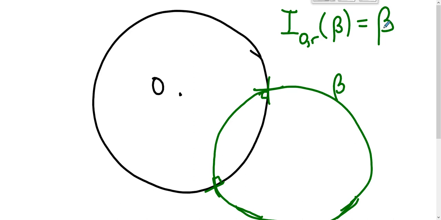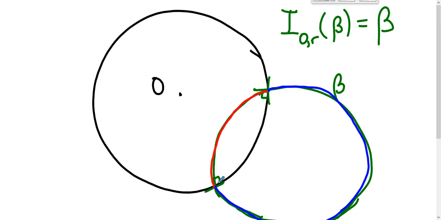And you can prove this. I'd encourage you to do it. But all of these points have images that are out here and vice versa. The red arc becomes the blue arc becomes the red arc. It's not terribly difficult to prove, and it does hinge on the orthogonality of the green circle with the black circle.